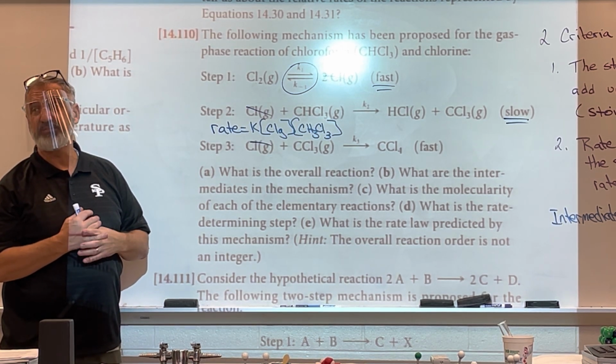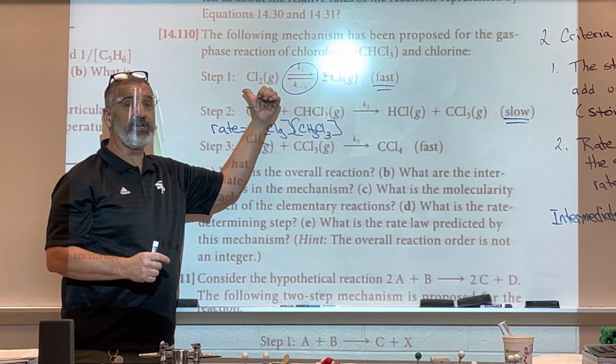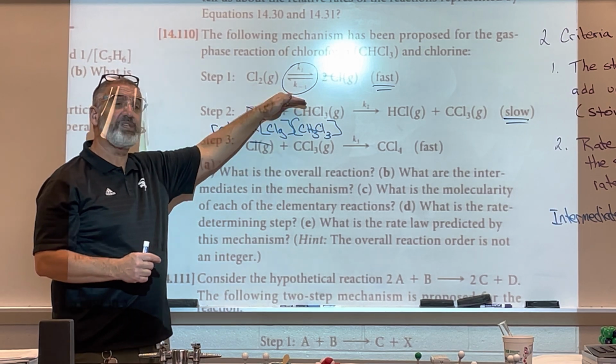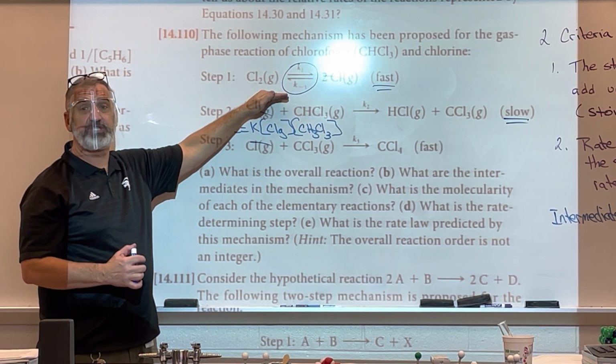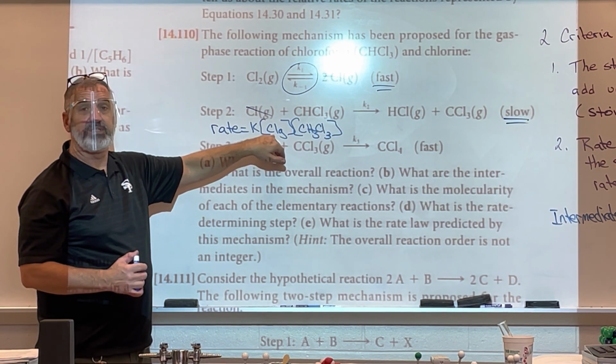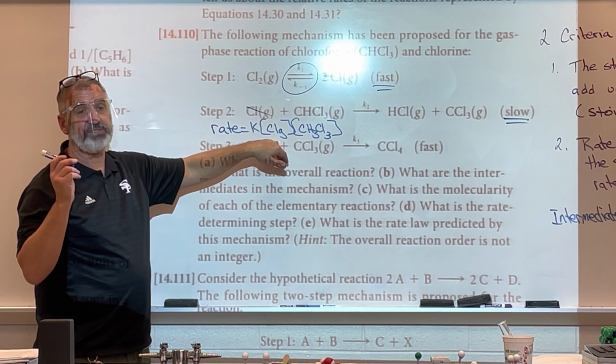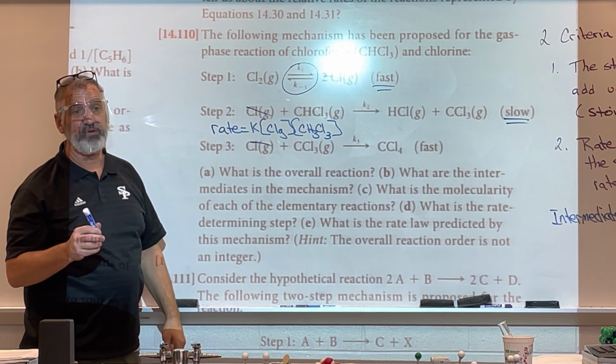In equilibrium, the forward rate and the reverse rate are equal. So we're going to use that fact to do a substitution so we can eliminate this out of the rate law. But we don't have time today to go over that.